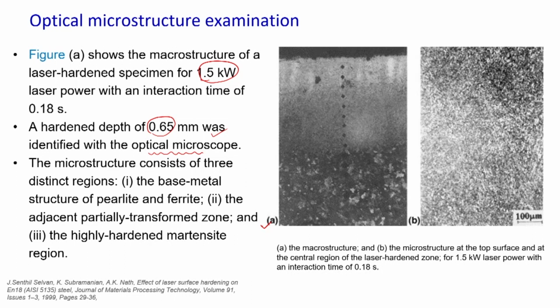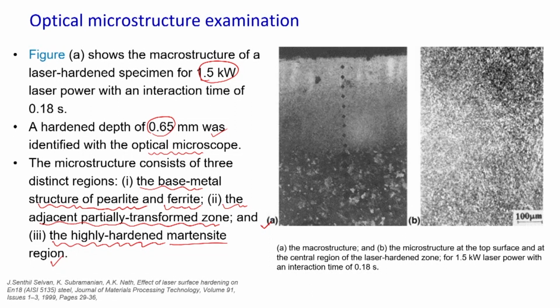It was noticed that the microstructure consists of 3 distinct regions: the base metal, which has the structure of pearlite and ferrite; second, the adjacent partially transformed zone; and the third one, a highly hardened martensite region.